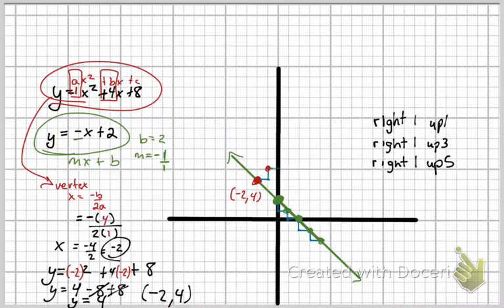I'm going to go right 1, up 3, and then I'm going to go right 1, and I would go up 5. Okay, which gives me half of the parabola, and then I would do the same thing going back the other way, where it's just going to be reflected.